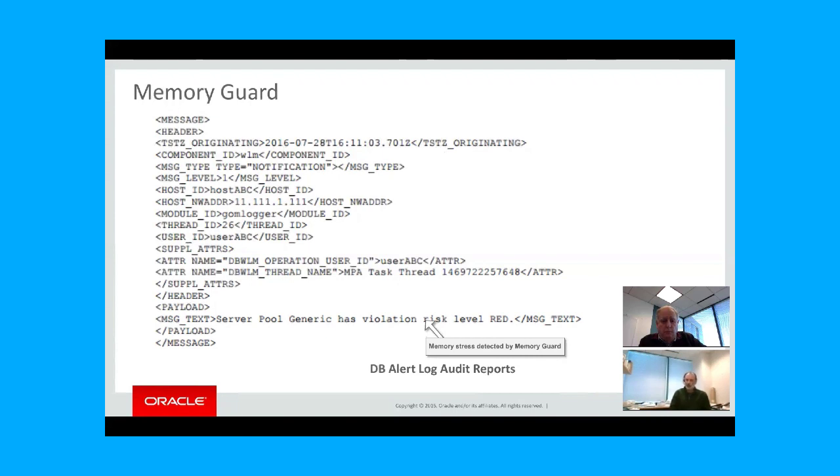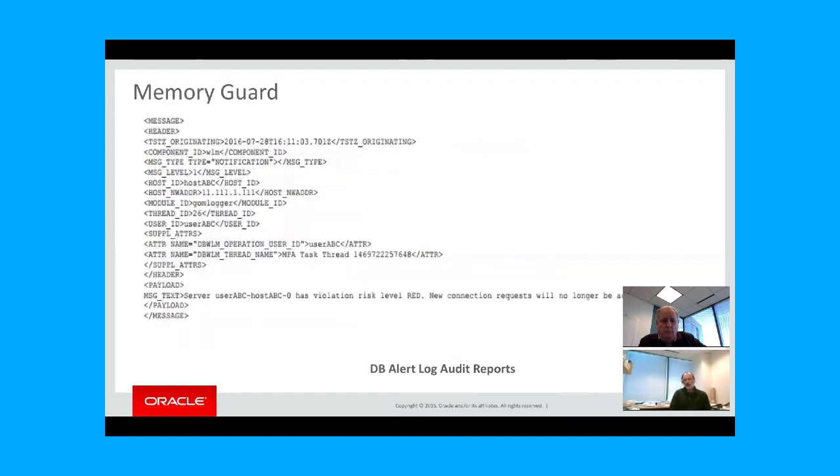We'll also send events. And once we have this, you'll see a second message in the Grid Operations Manager log saying that a particular server has this risk level and that new connection requests are not being accepted any longer. This indicates that we've started to shut down or have shut down services on that node.